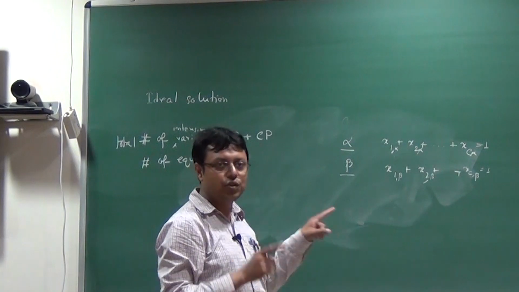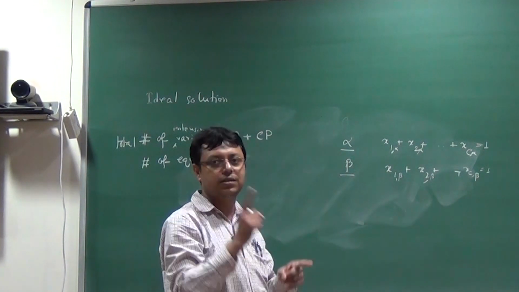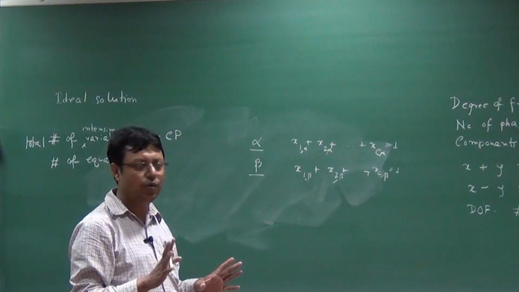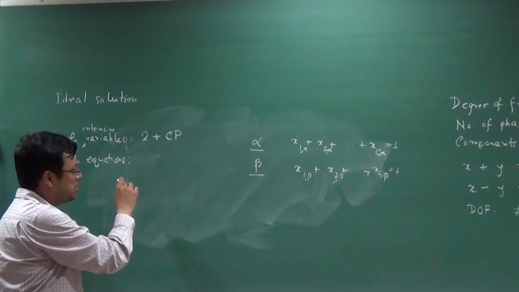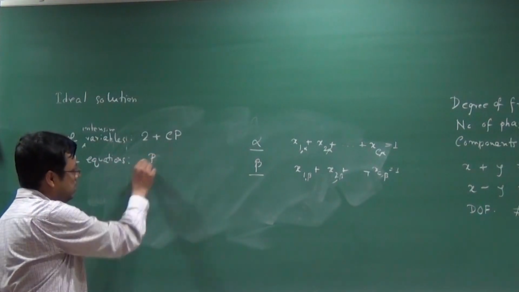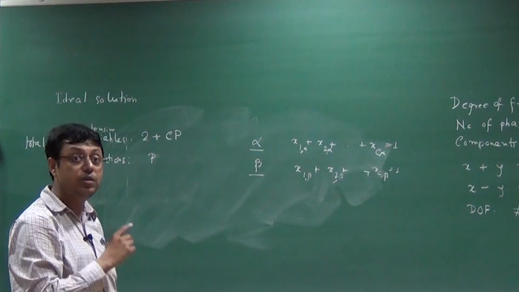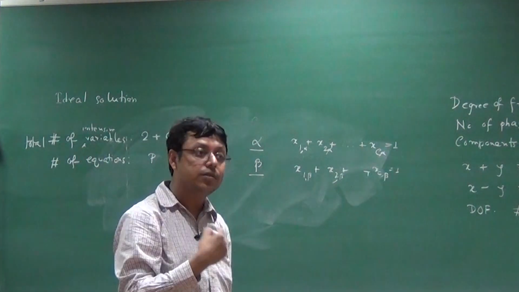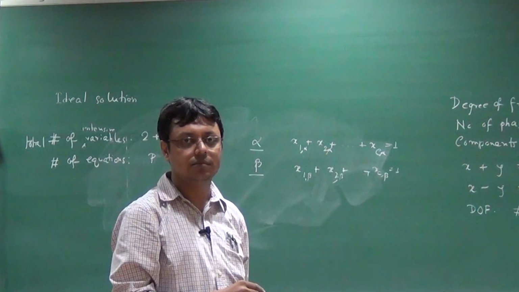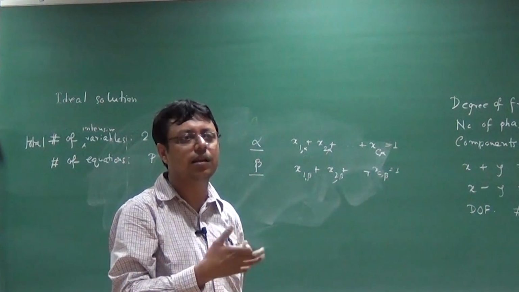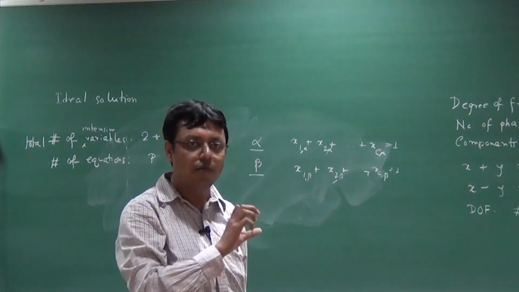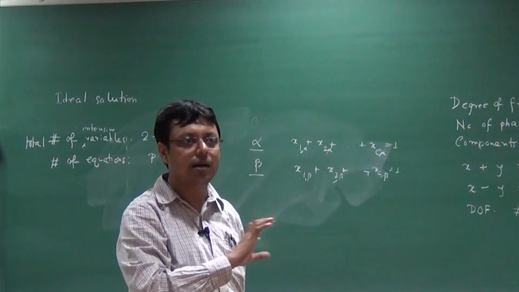In each phase, the total mole fraction is equal to 1. So I'll have P equations, coming not from conservation but from the definition of mole fraction, for each phase.